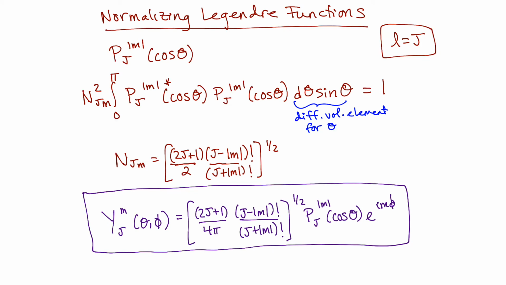And if we put everything together that we've done between our phi and our theta components of the spherical harmonic wave functions, we end up with this full equation here, where we have our spherical harmonic notation, where we see that Y is a function of theta and phi, and it depends on quantum numbers J and M. Sometimes you'll see this written in a slightly different notation.